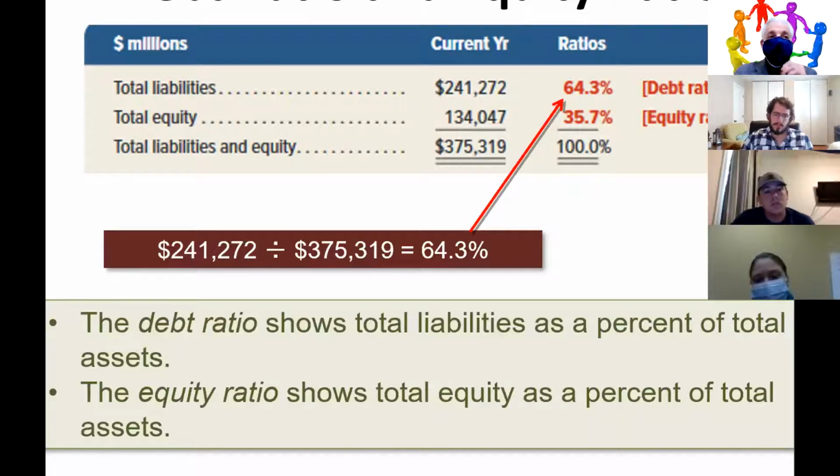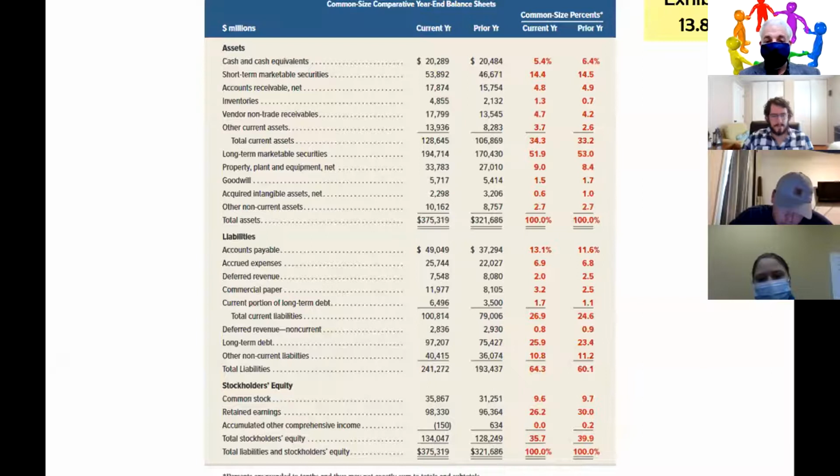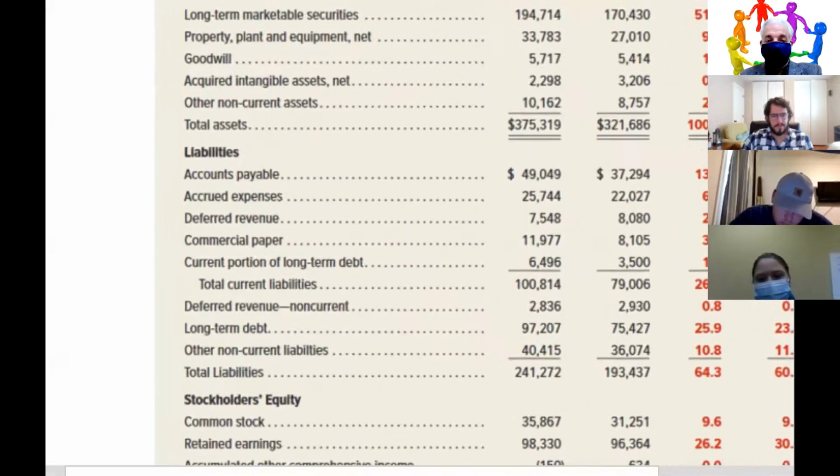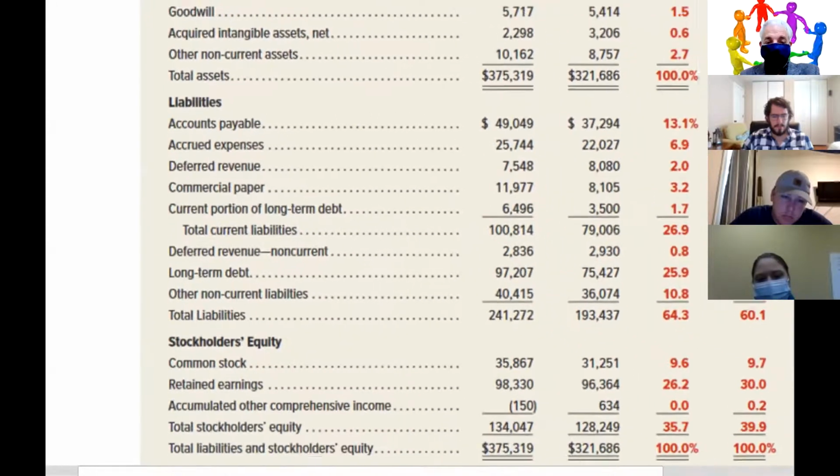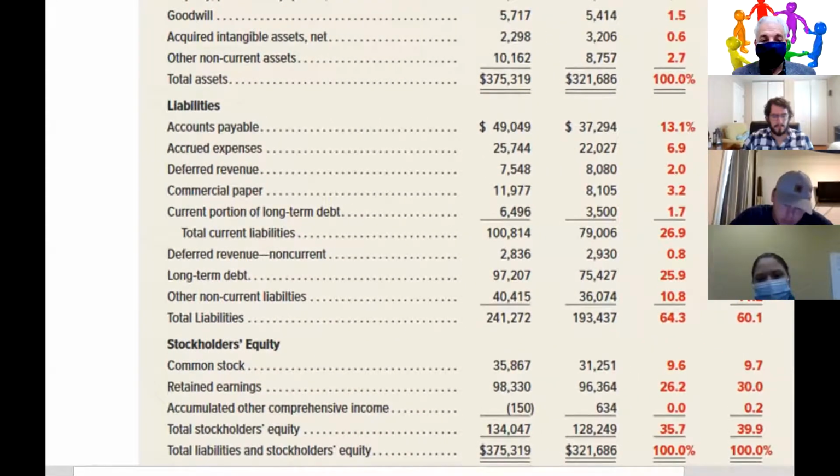And the catch is you may have to calculate total liabilities. Some balance sheets show total liabilities and some don't. As a matter of fact, I want to go back up here to our balance sheet. We had a common size balance sheet that we looked at. Here they show total current liabilities, total stockholder equity.